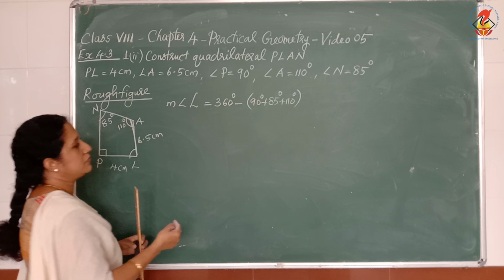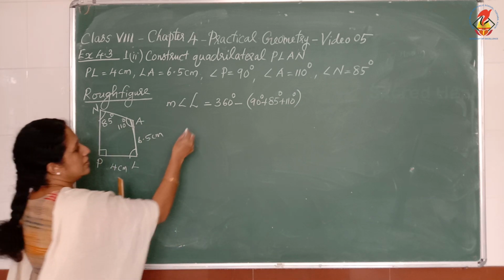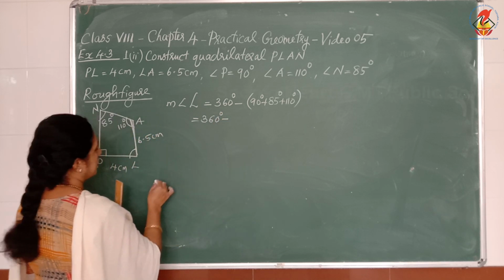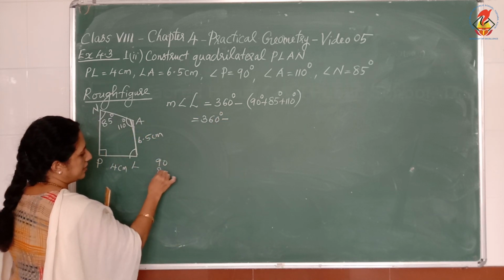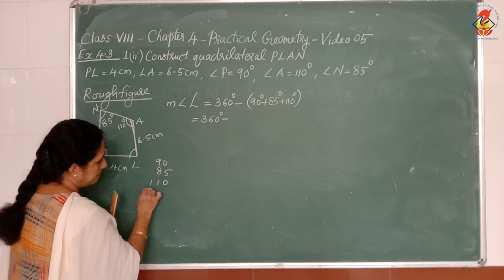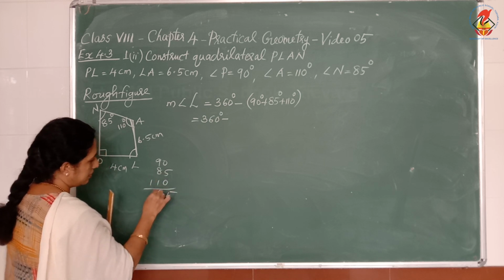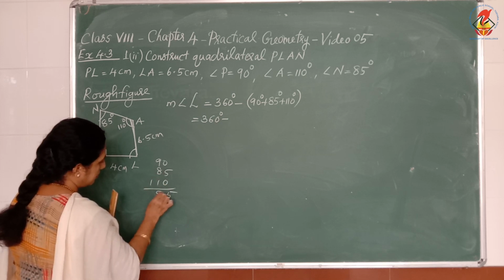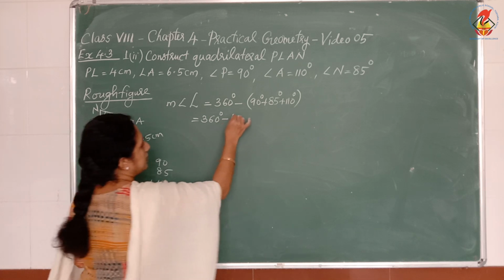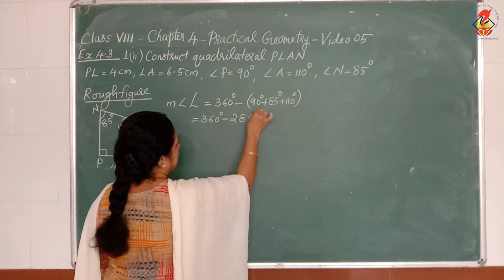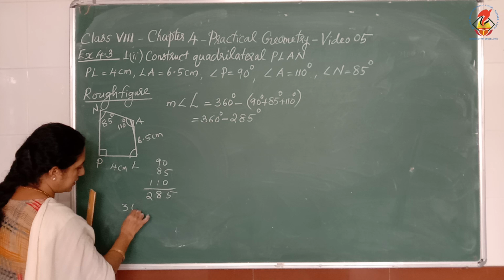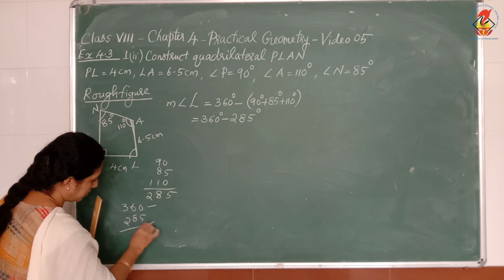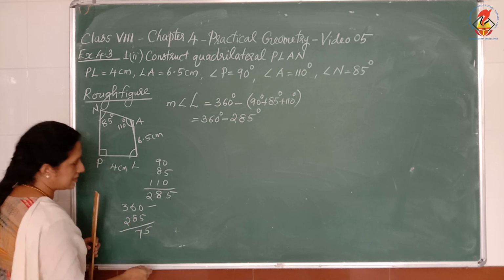So first of all you have to find out the measure of angle L, which is equal to 360 degree minus 285 degree, since 90 plus 85 plus 110 is 285. 360 minus 285 is 75.